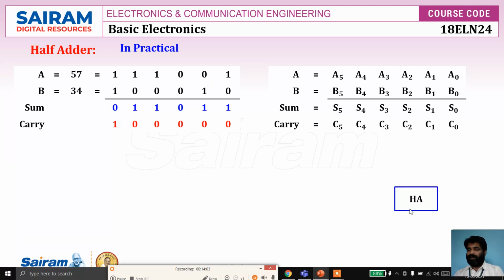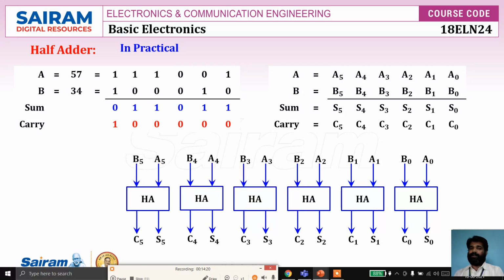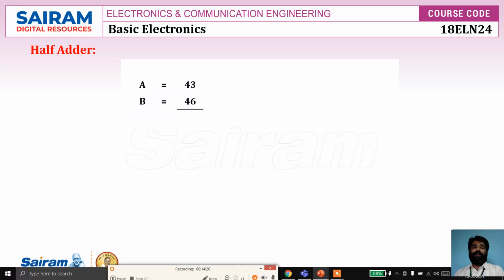We consider one half adder. We connect A0 and B0 as input and the outputs are S0, C0. Similarly, one more half adder with A1 and B1, outputs S1 and C1. Similarly, third, fourth, fifth, sixth. There are 6 bits, so we need 6 half adders. Clear now? Fine.